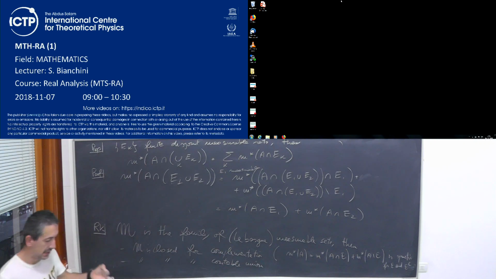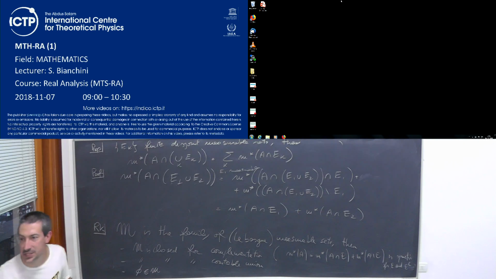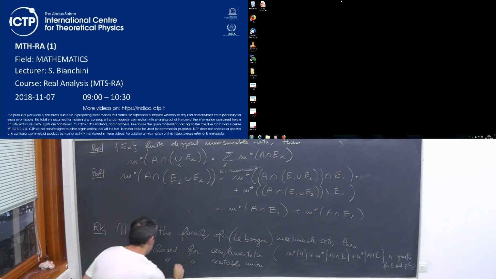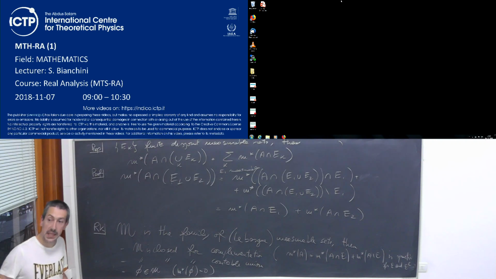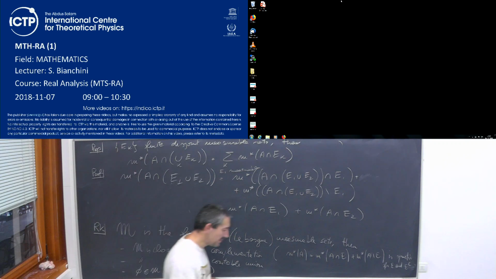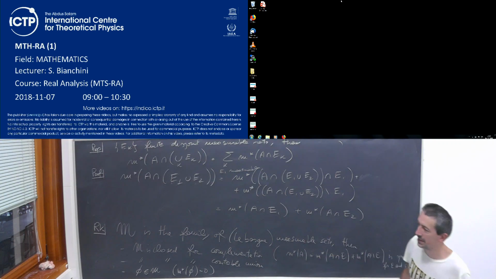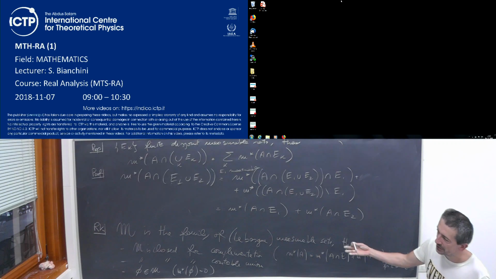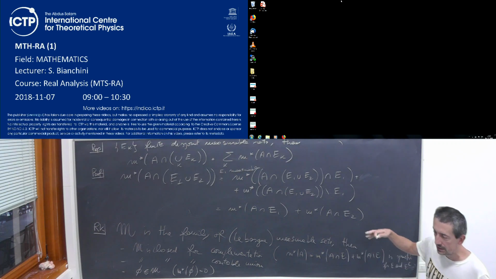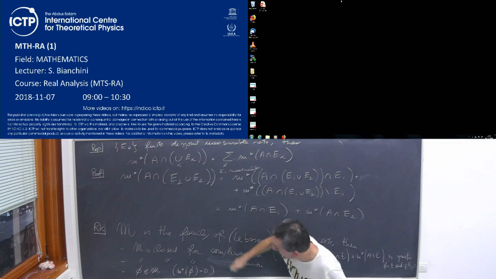And now we need the unit. The empty set belongs to M, because the empty set is M star equal to 0, no? So it means that it is an algebra. An algebra of sets is exactly, well, it depends on the definition, because you can say that it's closed under countable intersection, but actually you have the complementation, which takes care of that. So this is an algebra of sets, and the sigma algebra of sets is just when you replace the finite union.